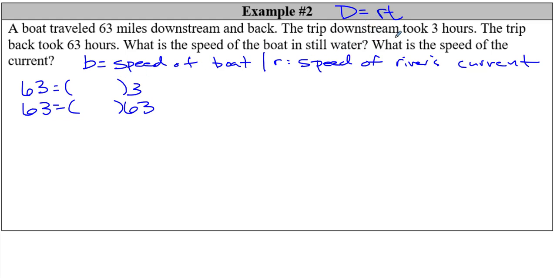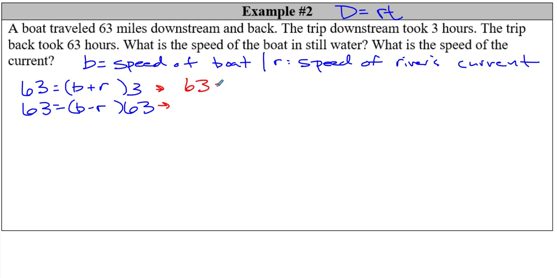Well, the trip downstream is with the current, right? The current is running downstream. So we have the speed of the boat plus the speed of the current. So we can use B plus R. All right, and then our trip back is still the speed of the boat, right? The boat is still moving, but this time we do not have the speed of the current, so we are going to do B minus R. All right, let's go ahead and do this distribution so we can see what our equations look like.